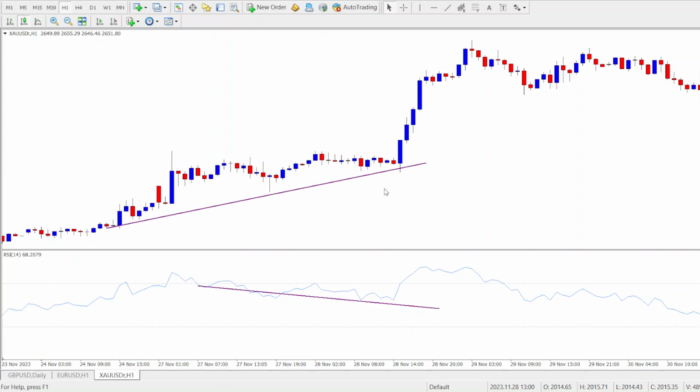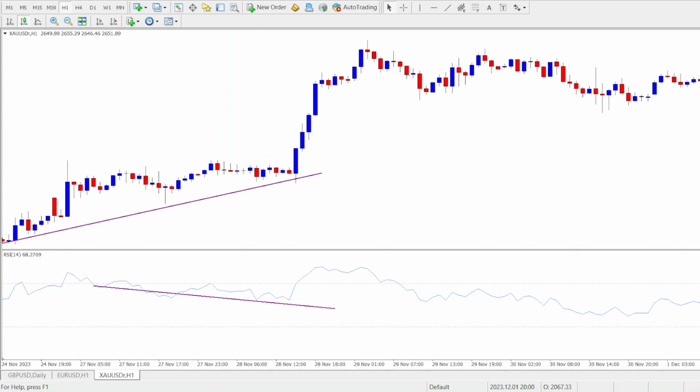However, you can also decide to trail your stop loss. But one thing to know is that when the hidden divergence forms, there is a chance that the trend will continue, it might not reverse. It doesn't mean that it's always accurate, but there is a chance that the trend will continue.